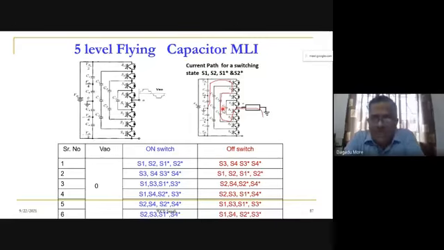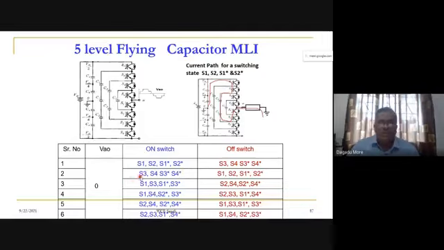Because of that, the net resultant voltage will be 0. The voltage across C2 is VDC by 2, and the voltage across C4, both capacitors added, is VDC by 2. But they are in series opposition, and because of that we get the 0 voltage. This is one particular case.